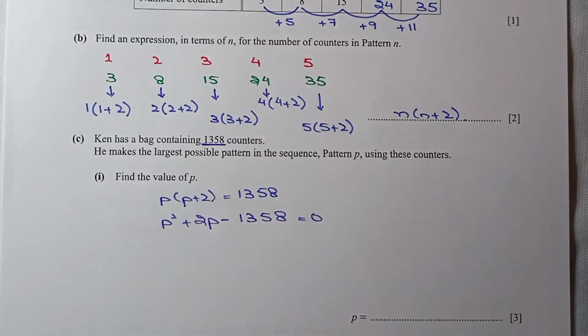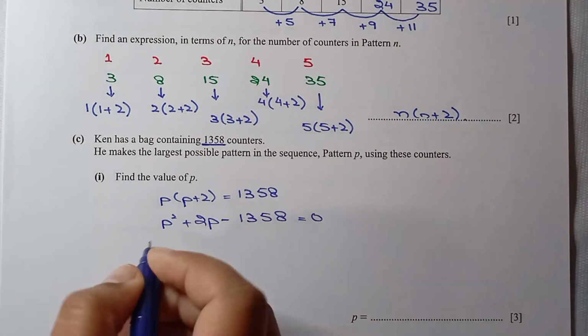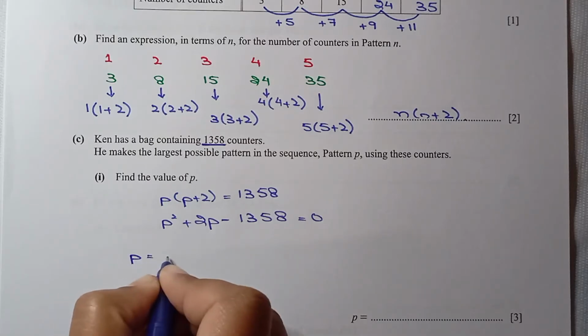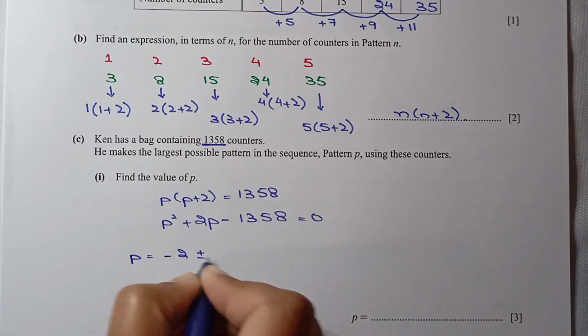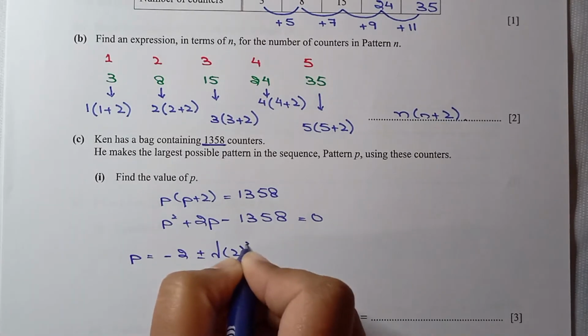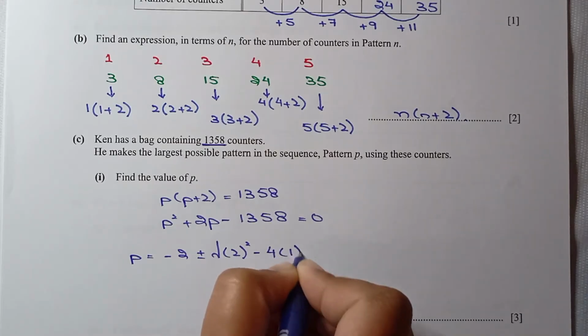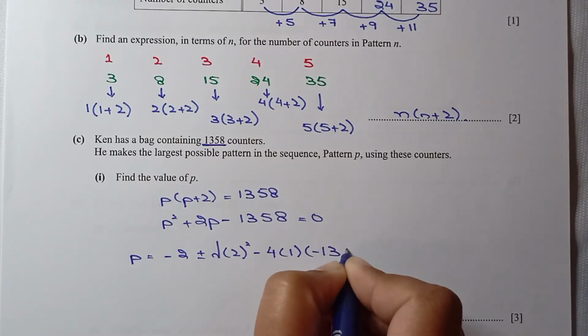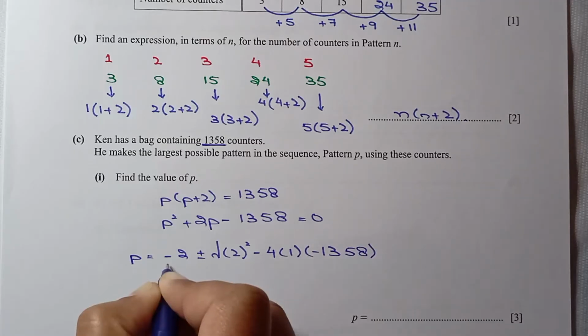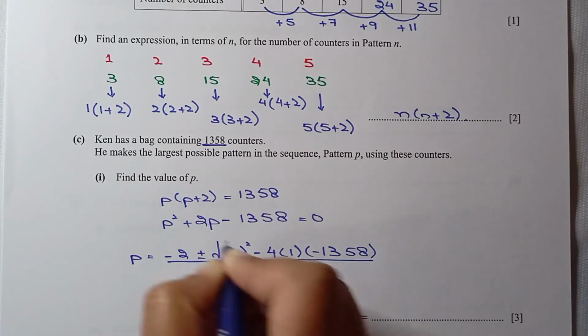It's a quadratic equation. We can solve it by using a quadratic formula. So we have P would be equals to negative of B plus minus square root B square minus 4AC, and C is minus 1358, divided by 2 times of A.